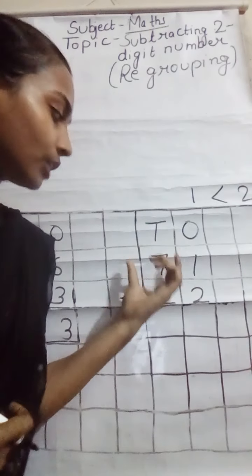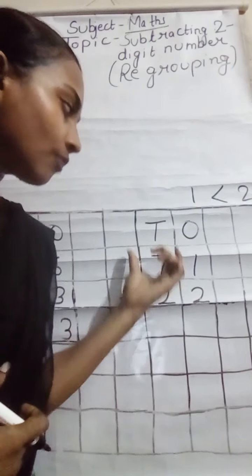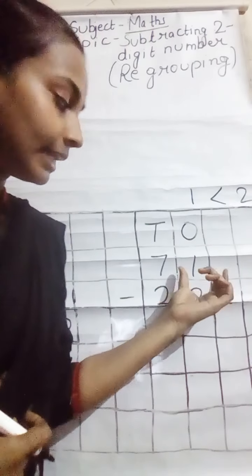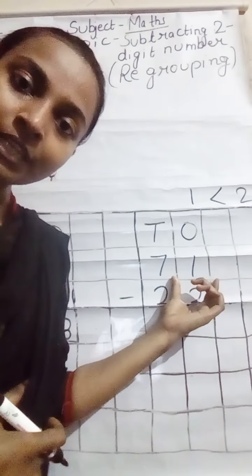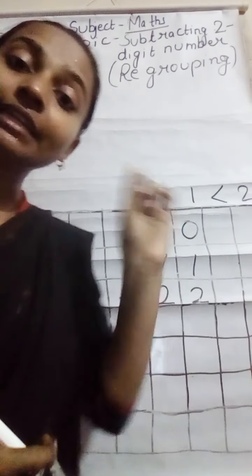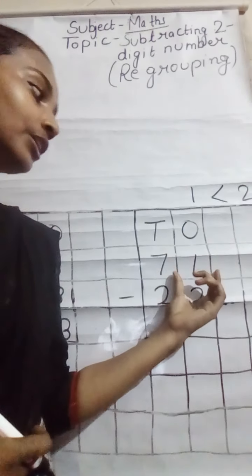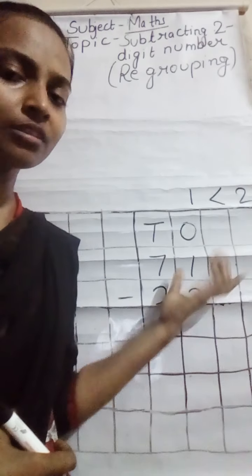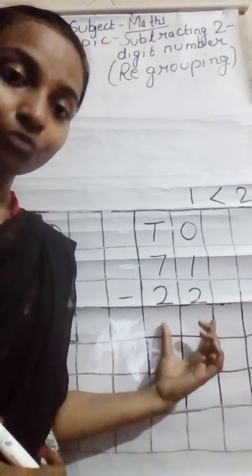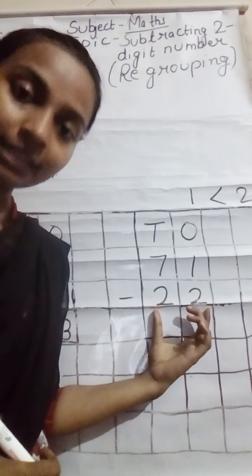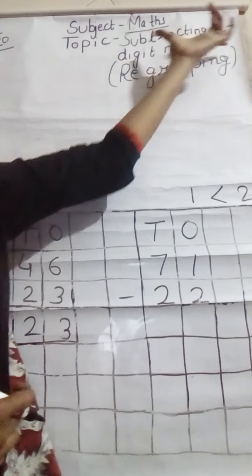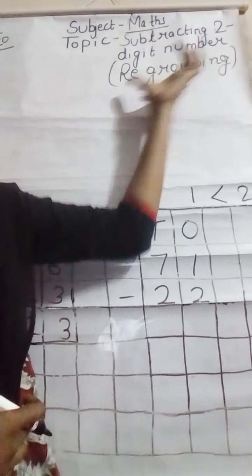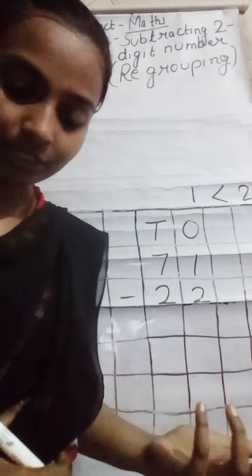And if we take a borrow of 1 ten to this number, that process is called regrouping. The process which I am going to teach you, subtracting two-digit numbers, is also called regrouping.